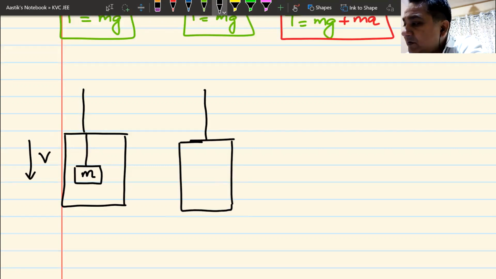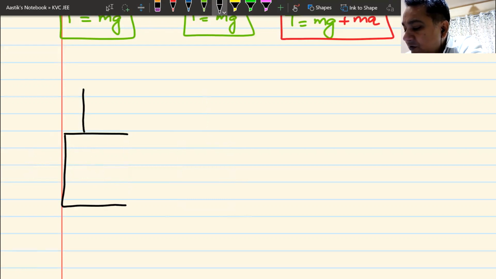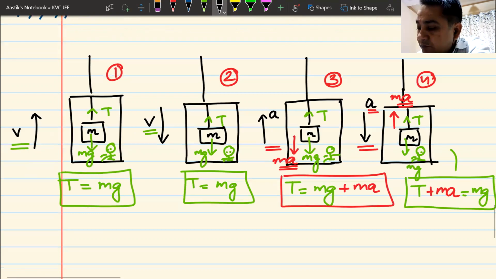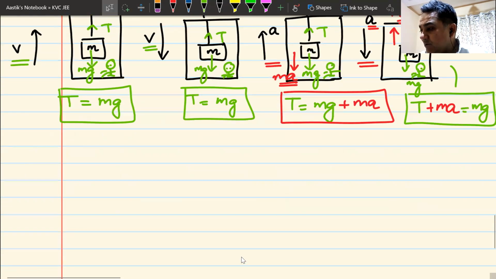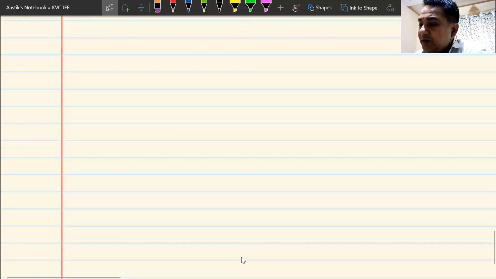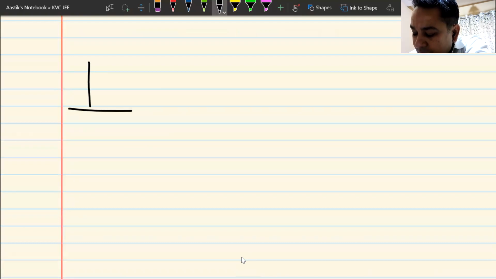Oh, why have I made this? Just a minute. The lift is already done. So what I'll do is I'll make weighing machines now. Again, this lift.